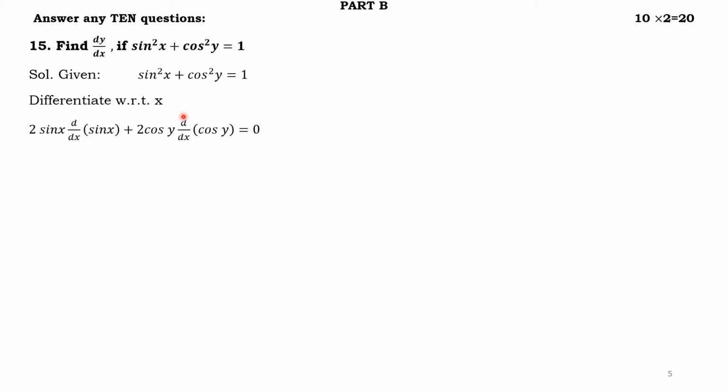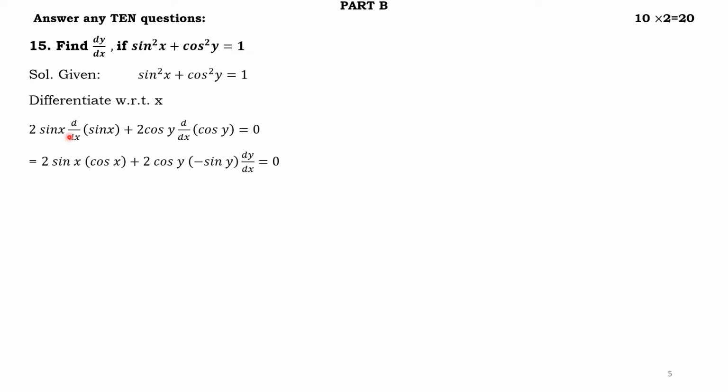So differential of sine squared x is 2 into sine x into d by dx of sine x, plus 2 into cos y into d by dx of cos y, equal to d by dx of 1, which is 0. D by dx of a constant is 0.